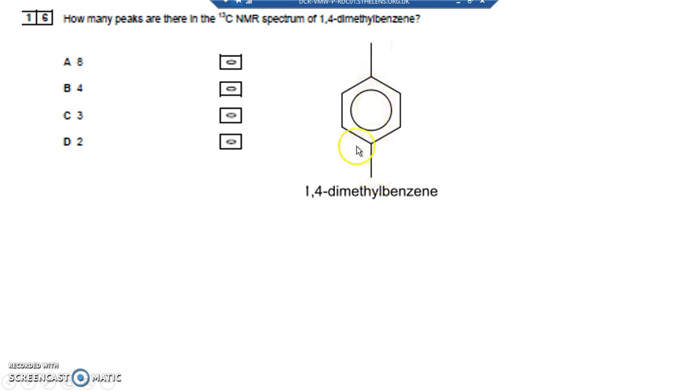So that's 1. These 2 on the corner are 2. These 2 are 3. And actually these are 3 as well because it's symmetrical. So these 2 are in the same environment as these 2. So I've got the 2 methyl groups as one peak, the 2 carbons here as a second peak, and then the other 4 carbons in the ring are a third peak. The answer is C.